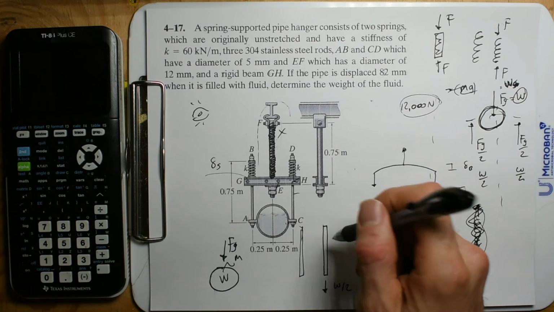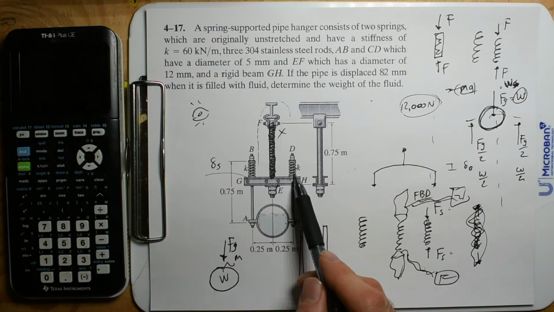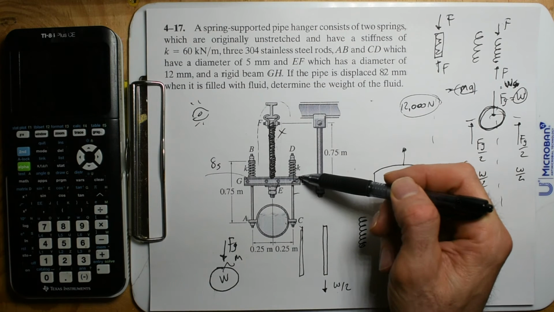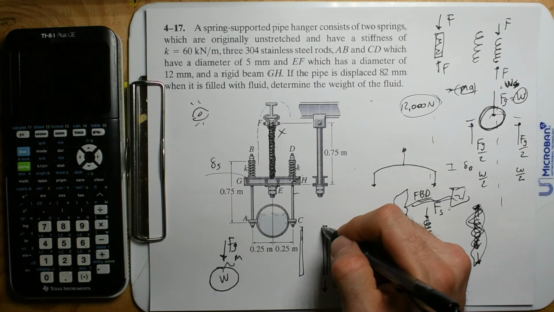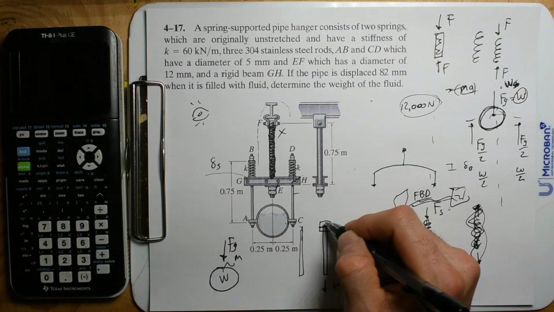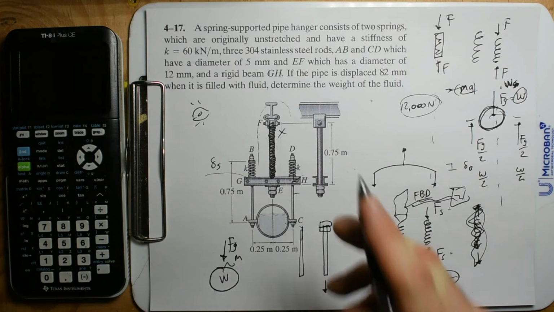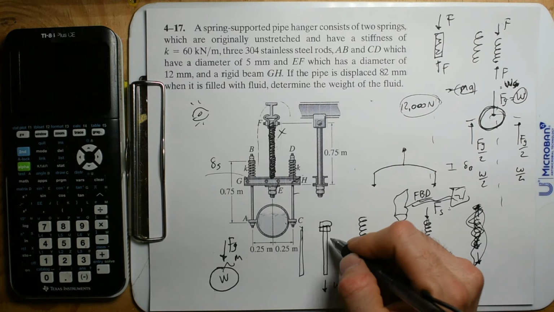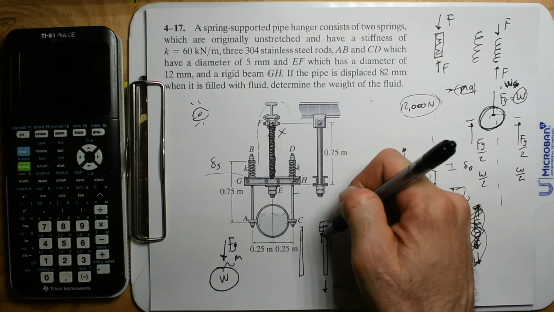The only other thing is this spring isn't touching the rod. This spring right here is not touching the rod on the bottom. But this spring, and this rod has some nuts on it, I'm just going to include that with the rod. This spring is actually applying an upward force, and I'm just going to say that's circular around there.